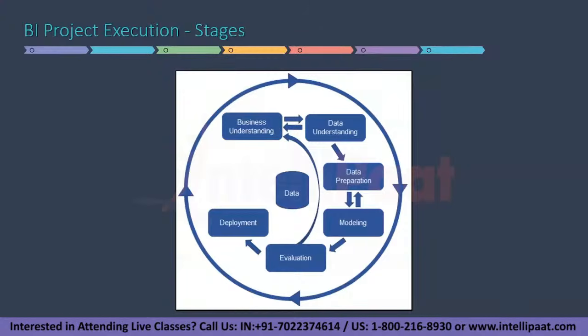And then comes the data understanding stage, where we need to check the health and quality of the data, whether the data can really be used for solving the business problems, whether the data is capable of answering the business questions, and whether we have an adequate amount of data to draw a conclusion about the business problems or the questions that we come across.